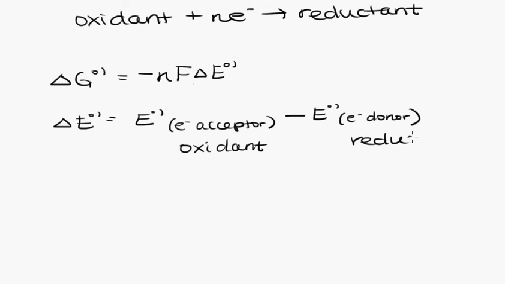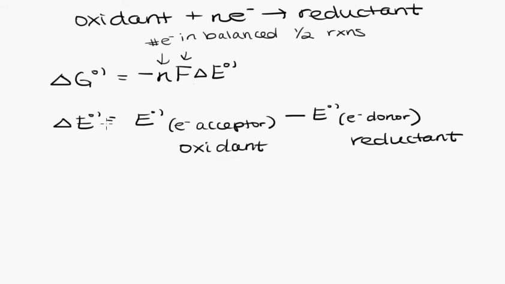In this type of situation, you'll be given a table with these values, and you simply plug and chug. F would be Faraday's constant, that would have to be given to you. And n is the number of electrons in the balanced half reactions. Remember that as you're writing the half reactions, the values of E naught prime don't change.